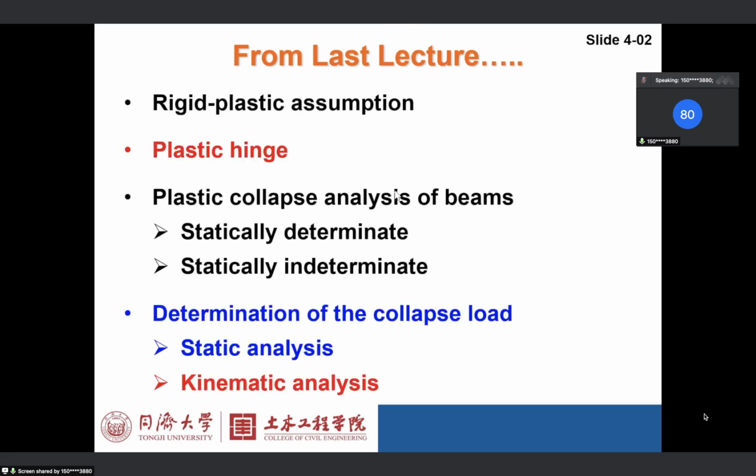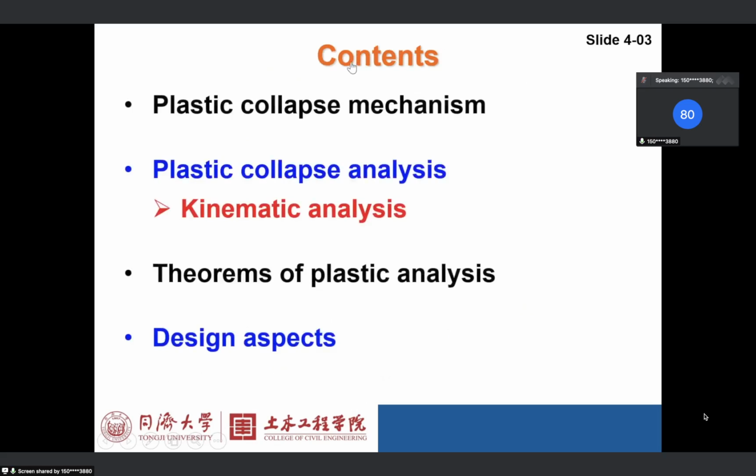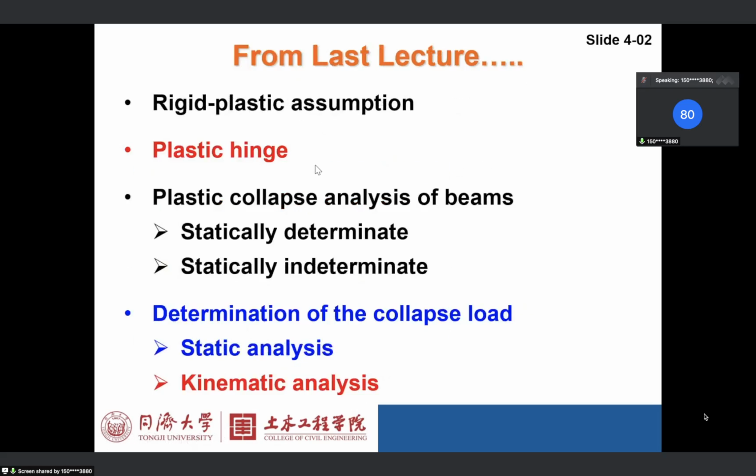Okay, in the previous lecture, we have discussed the following issues. First of all, we introduced the rigid plastic assumption, and then the concept of plastic hinge, and then we briefly presented the concepts of statically determinate and statically indeterminate structures, and how and why these two types of structures have different behavior, especially the redundancy.